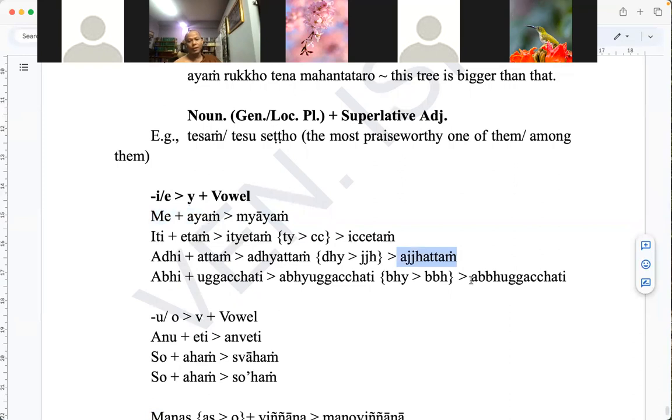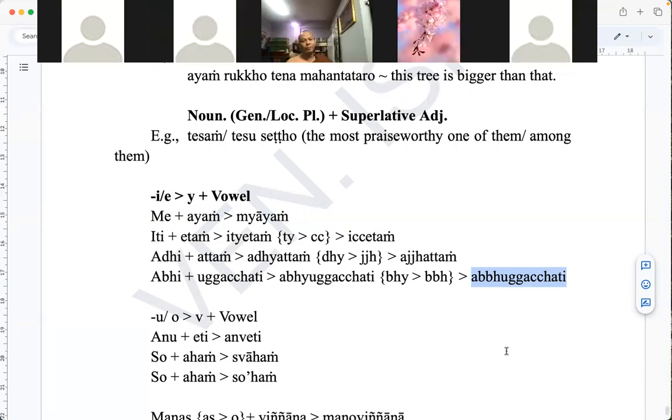Maybe abhigacchati is goes up or something like that. We also have the word de plus ajja, Bhante, which makes it like dejja. How can we translate this one, Bhante?